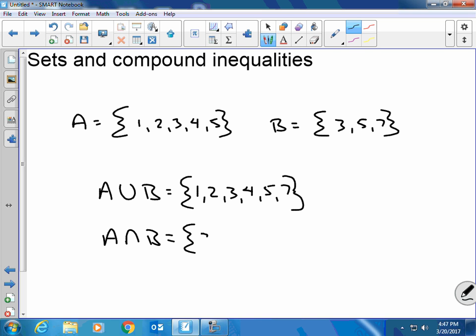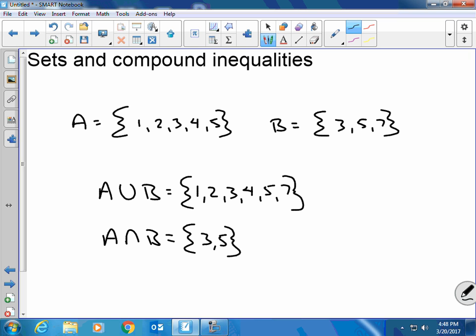No. The number 3? Yes. The number 5? Yes. That's it. Intersection: the elements that are in both A and B. It's called the overlap. It's what these two have in common.